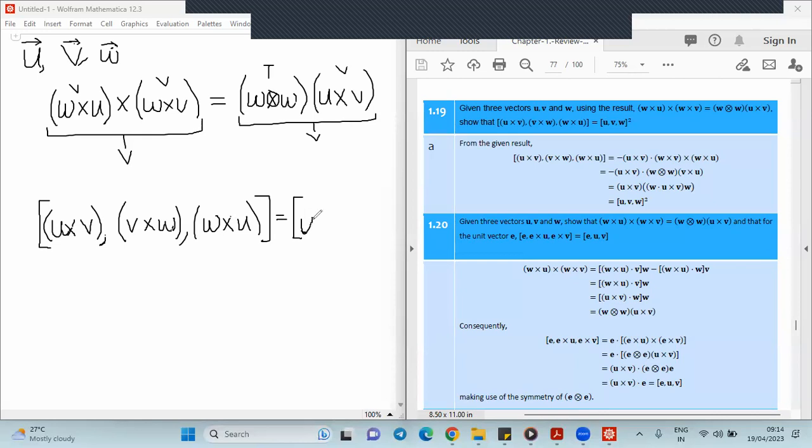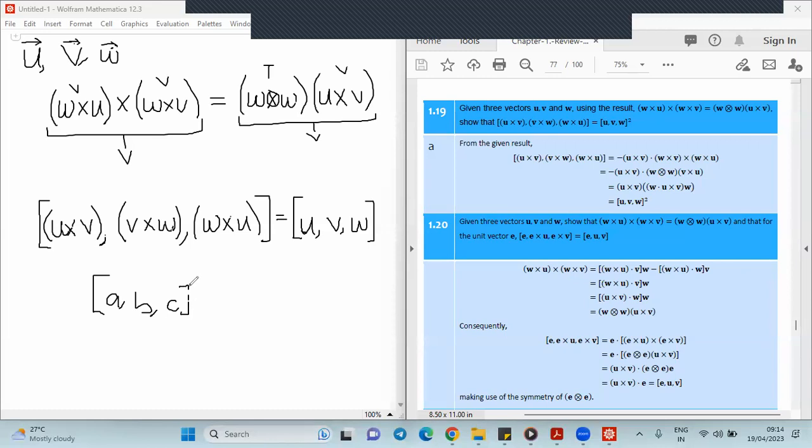So the question is, what exactly does this square bracket mean? When I write three vectors side by side and use the square bracket to house them, what does that mean? It's a triple product.